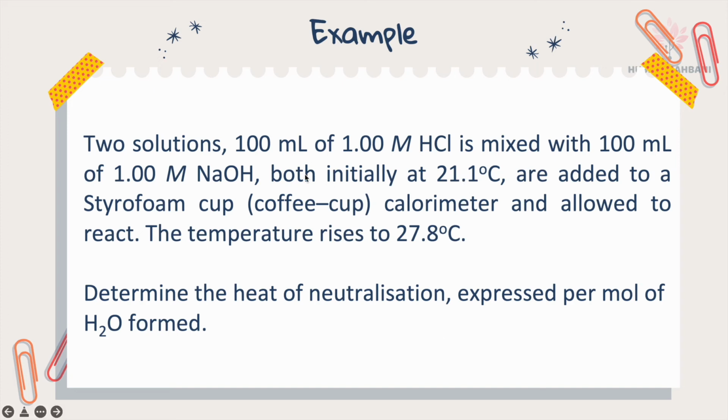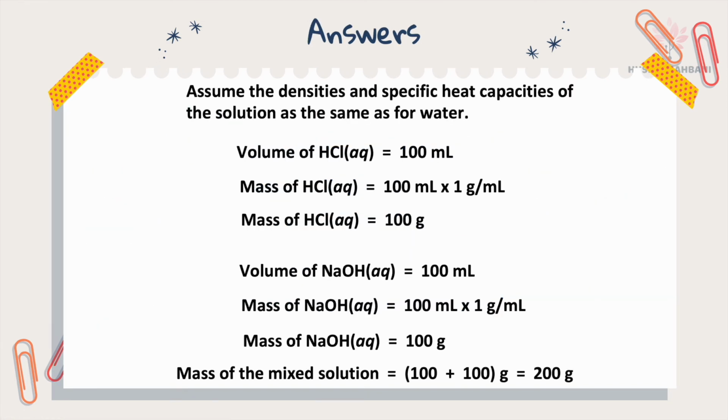Here, the heat capacity of the calorimeter is not given. So your equation is only Q reaction equal to negative Q solution. Now, we have to change the volume into mass first, times by 1 gram per ml, and you will get both 100 gram.